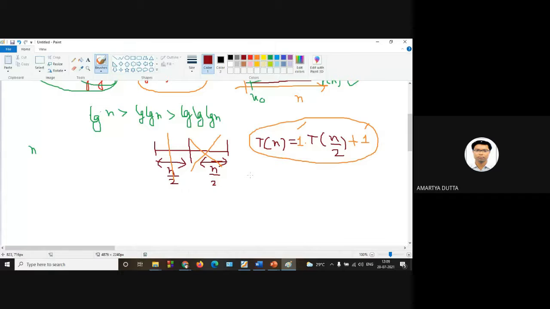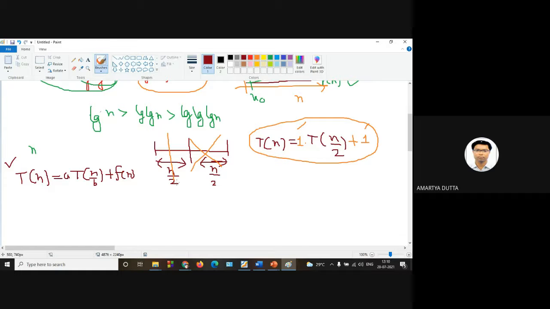This is the master theorem form. The master theorem is suitable only for this format. We know that T(n) is the running time of the algorithm. T(n) is equal to a T(n/b) plus f(n). This is the only master theorem form. So if your recurrence is in this form, then only we can apply the master theorem.